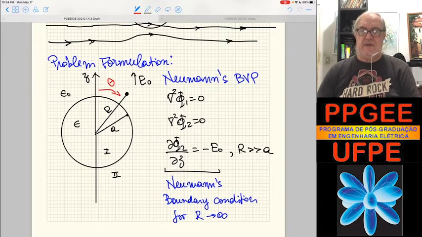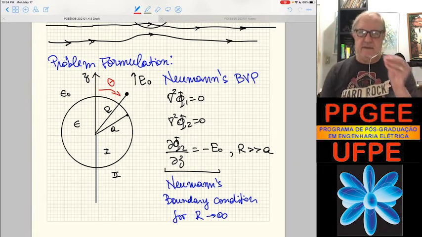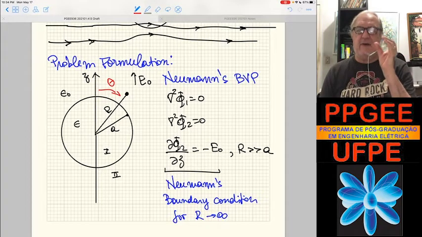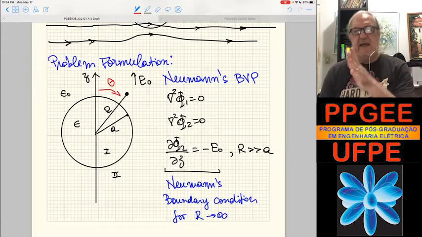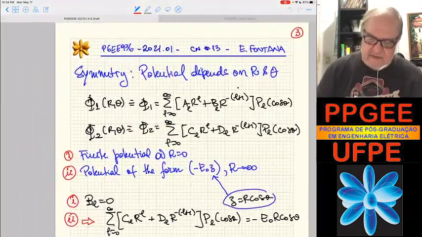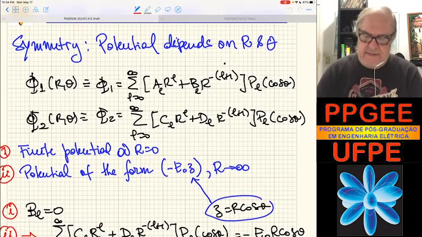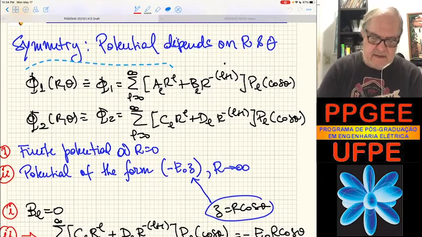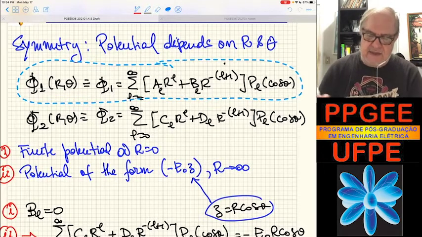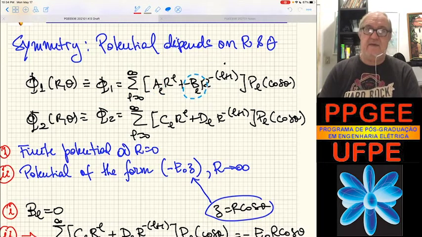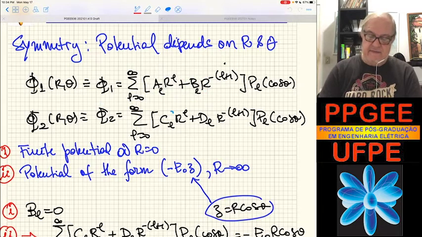So it means that the potential can be expanded as a power series that involves powers of r together with Legendre polynomials. That's the way we expand, inside or outside. That's the inside solution. We have two specific constants, A and B, and outside we have the same behavior, with specific constants.